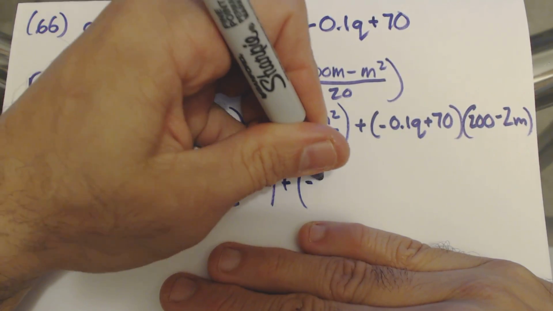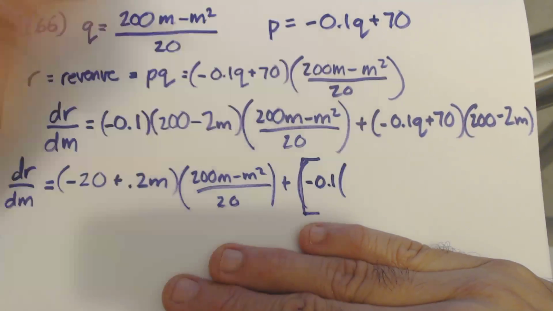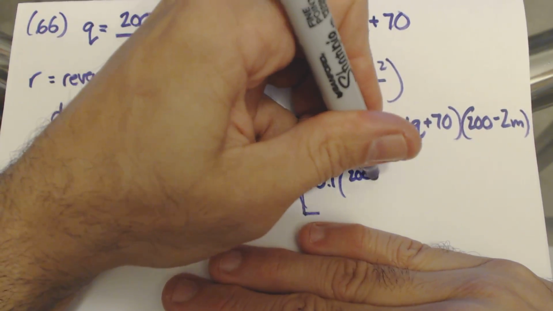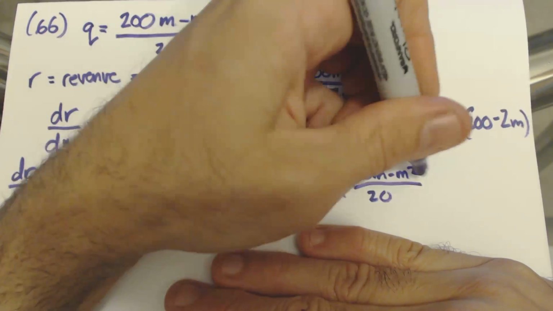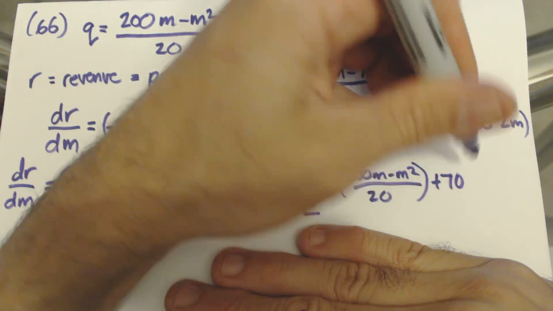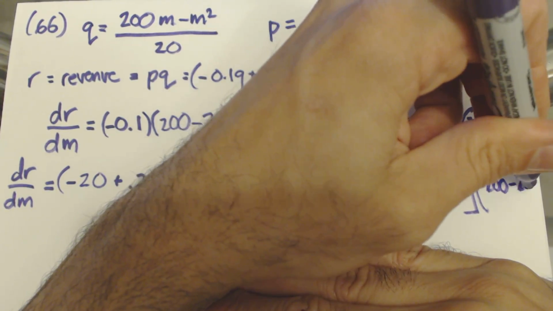So we have negative 0.1, so this is going to be a big bracket, times (200M minus M squared) over 20, plus 70, times 200 minus 2M.